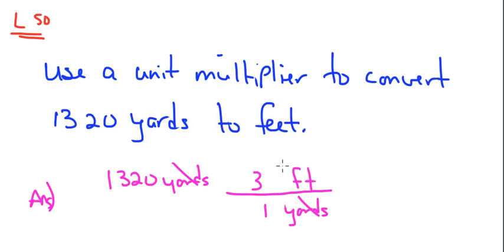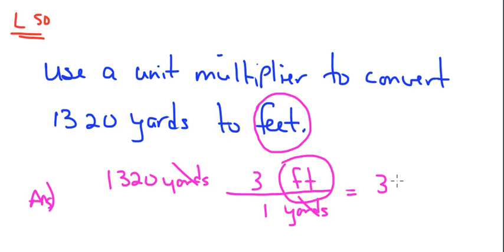So now that I have the unit that I need, which is feet, because that's what they're asking me for, I can just do my math, and I multiply 3 times 1,320, and I get 3,960 feet. That's how I do it. Right, Amanda? Okay. And everybody understand that? Does anybody have any questions on this? Do you completely and thoroughly understand how to answer this test question?